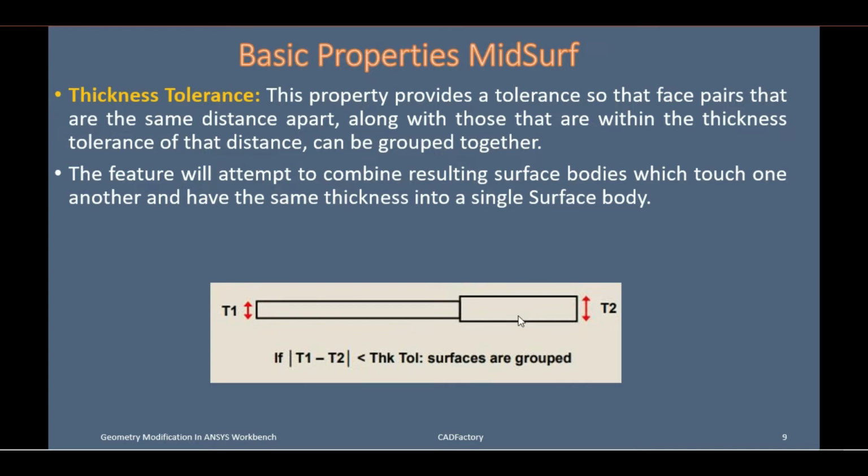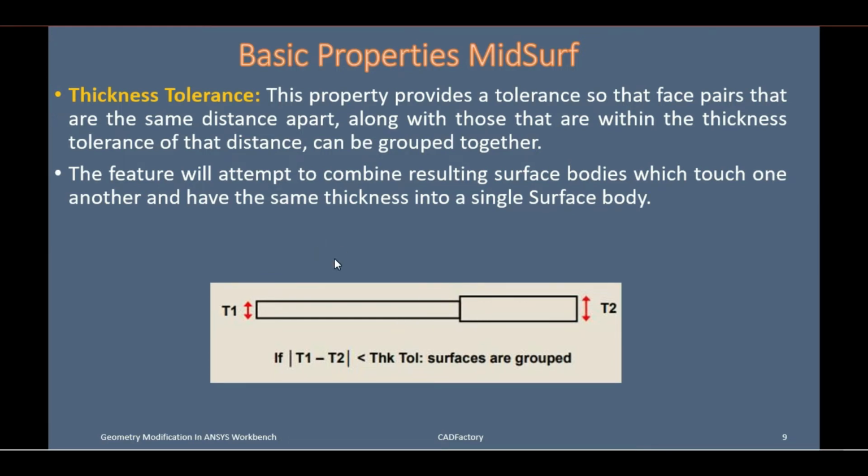We have two bodies, the first body having thickness T1 and the second body having thickness T2. If the difference between these thicknesses is less than the thickness tolerance, then the surfaces are grouped together. So if your thickness tolerance is 2 and your difference is less than 2, then these two surfaces are grouped together.